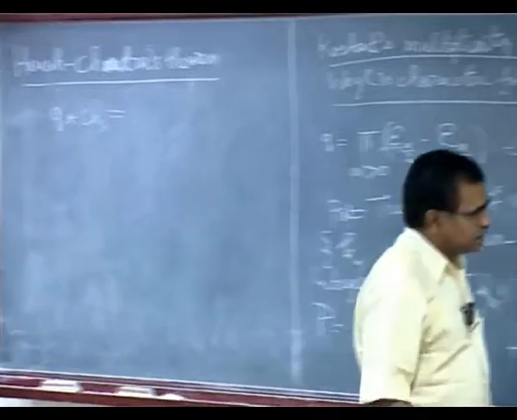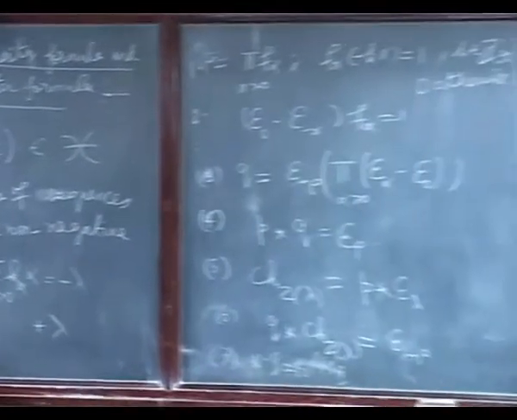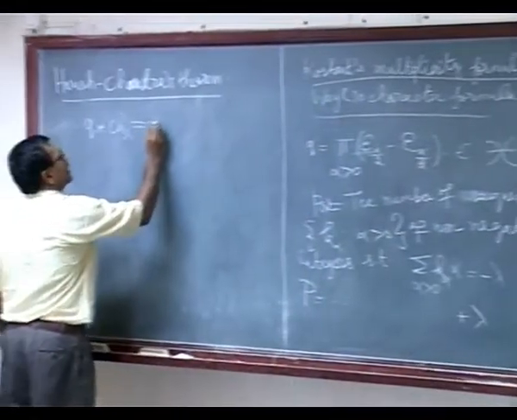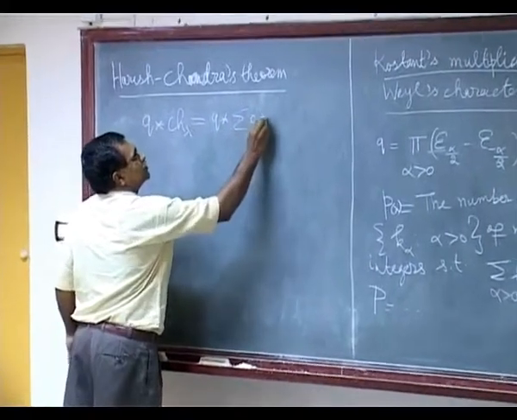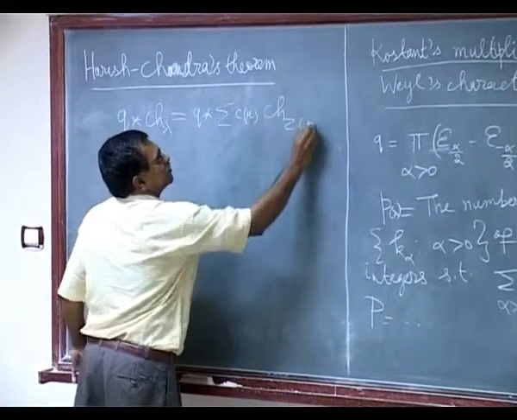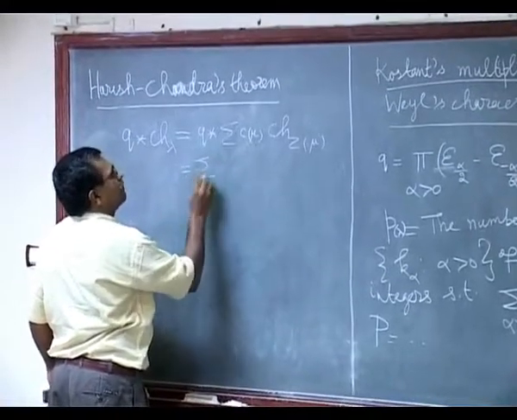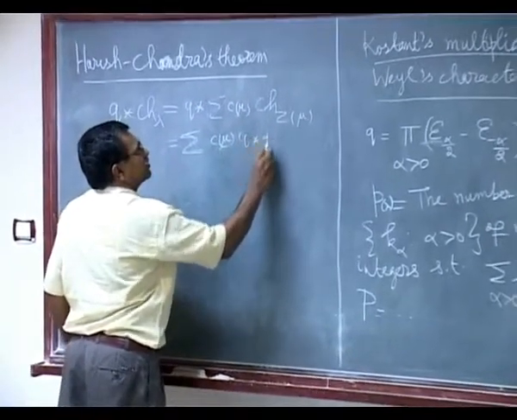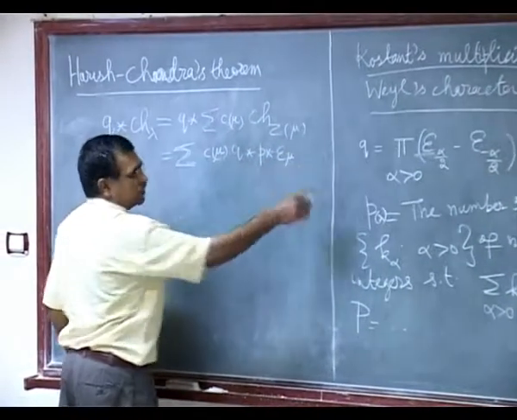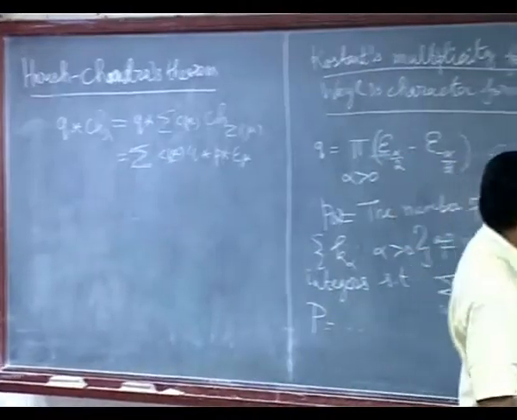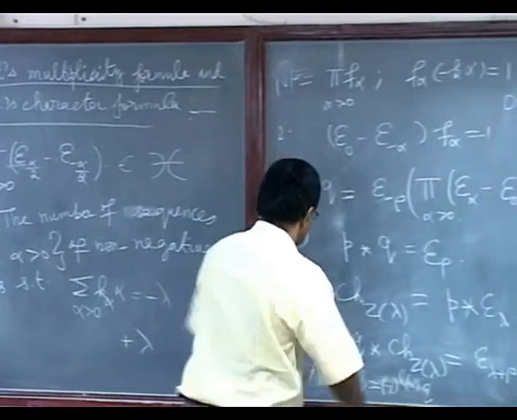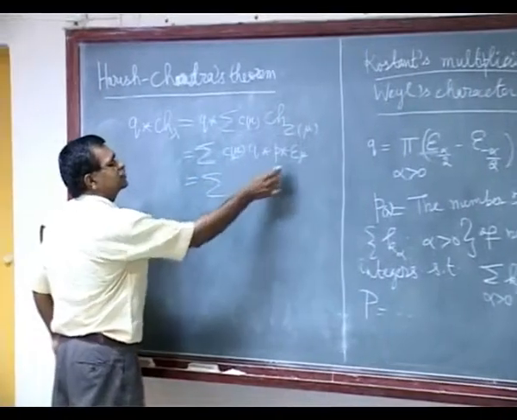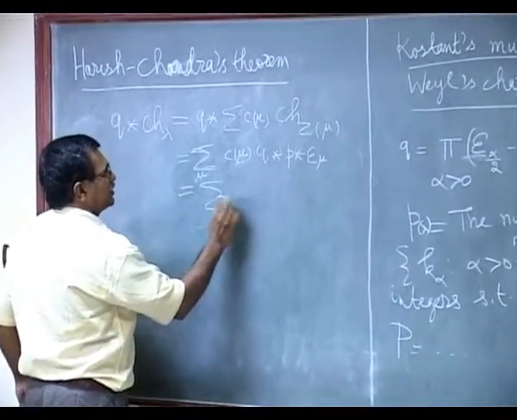Using this, we have C mu, so this is the same as Q star sigma C mu ch mu, but this is the same as sigma C mu Q star P star epsilon mu, so Q star P, therefore it is epsilon lambda plus rho, epsilon mu plus rho, sorry, it should be mu here, and epsilon mu plus rho.